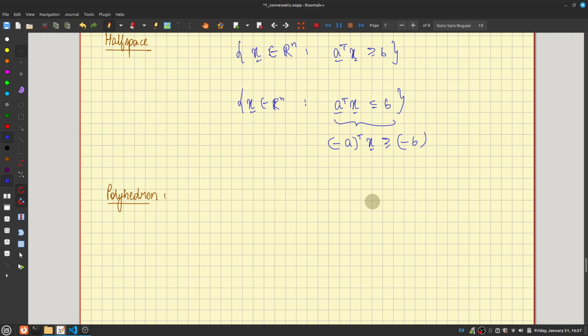So if you think about it, let's take R2. Let me take R2 and I define some hyperplane. Then corresponding to the hyperplane, there are two half spaces.